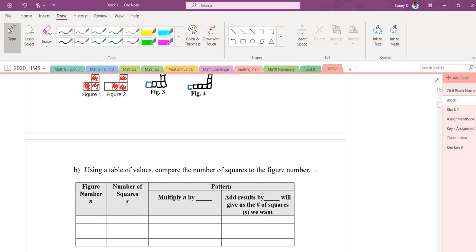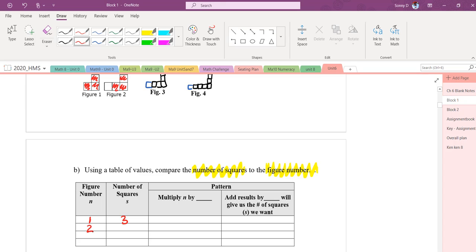Now we want to come up with a relationship between, this time not the sides, but the number of squares and the figure number. The first figure has 3.